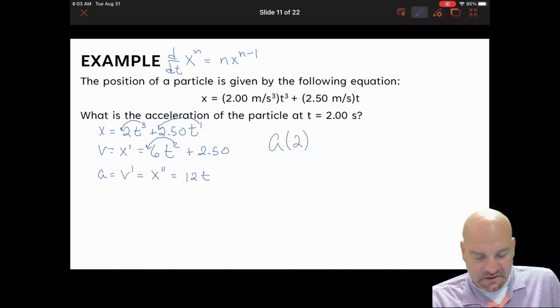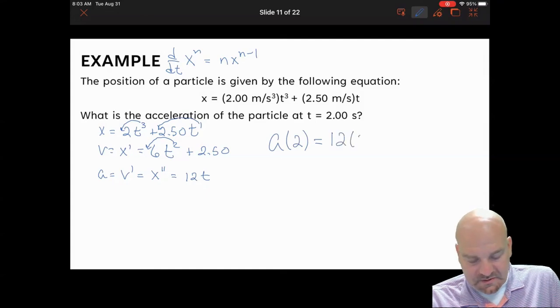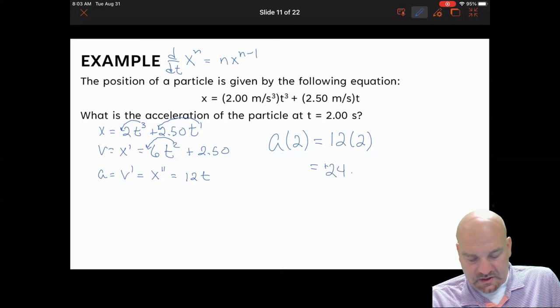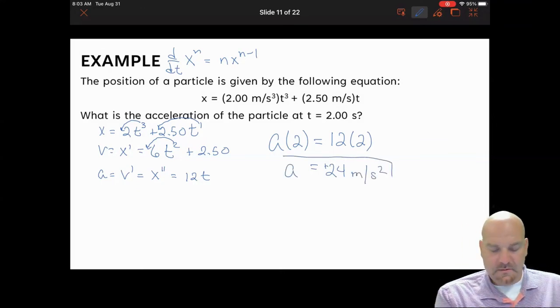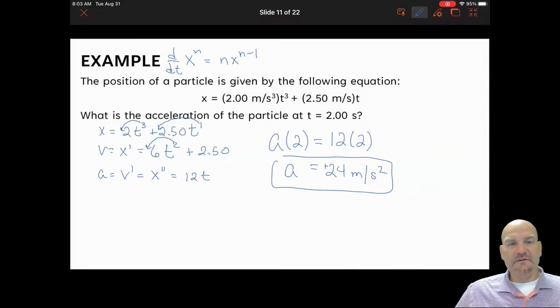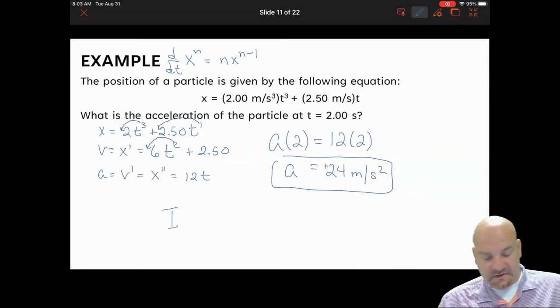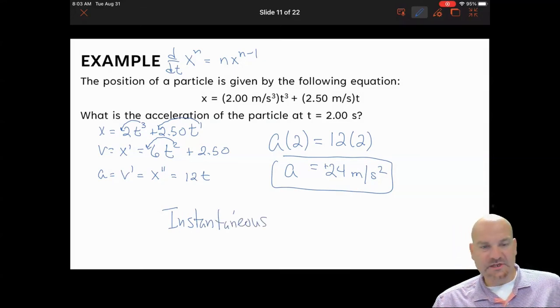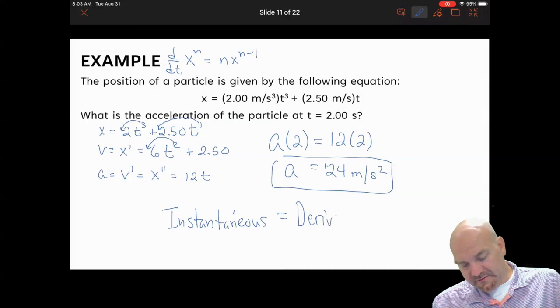I'm looking for the acceleration at t equals 2, so it's 12 times 2, which is positive 24 meters per second squared. There is my instantaneous acceleration at 2 seconds. Anytime you see the word instantaneous, or you're looking for an acceleration at a certain point, you're going to have to take derivatives.